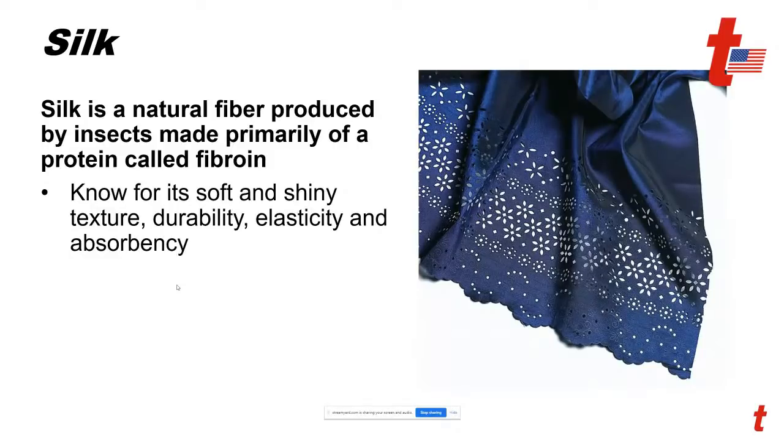Moving on here, silk. Silk is a great material as well because it is a natural fiber produced by insects, made primarily of a microfibrin, known for a soft, shiny texture, durability, elasticity, and absorbency. It can be cut beautifully, and because it is a natural fiber, it can also be engraved very similar to the denim.